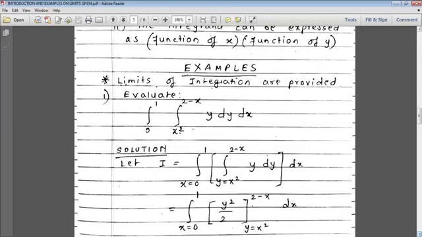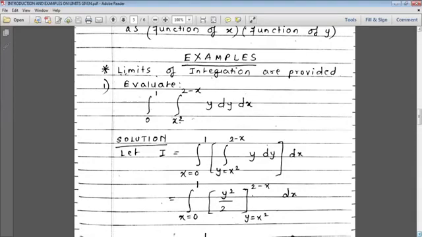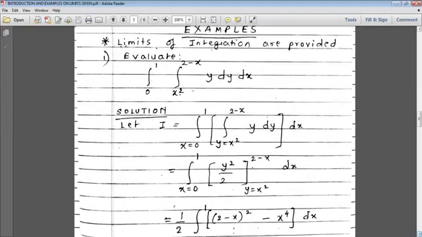The integration of y is y square by 2, and it is between the limits x square to 2 minus x. Upon substituting the limits, we get 2 minus x the whole square minus x raised to 4. Note that the constant 1 by 2 has been taken outside the integral.